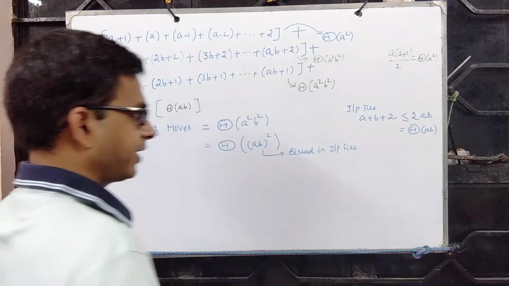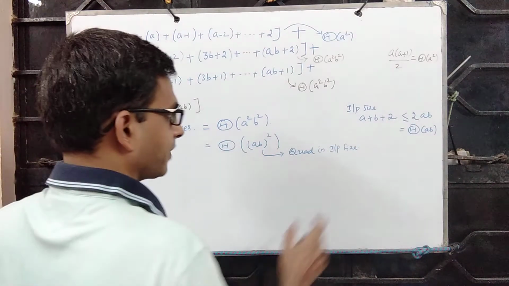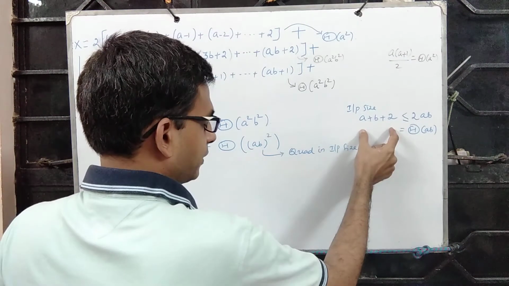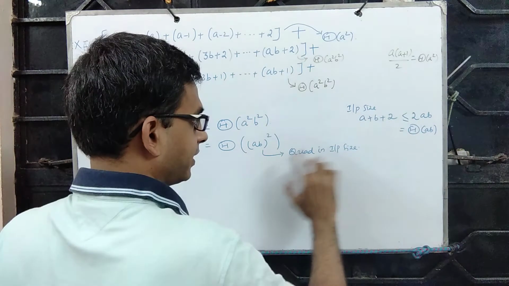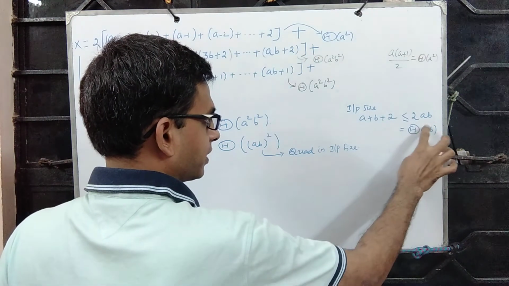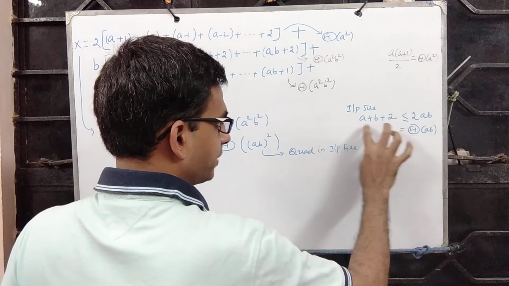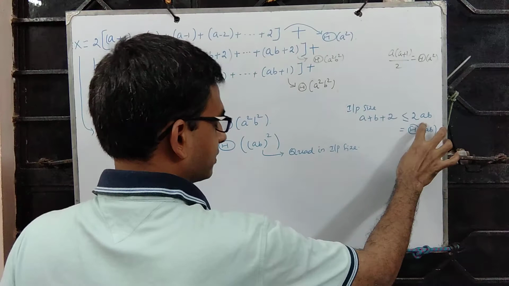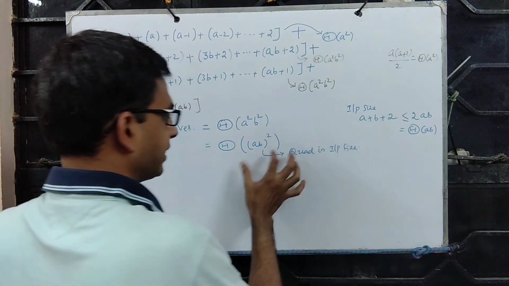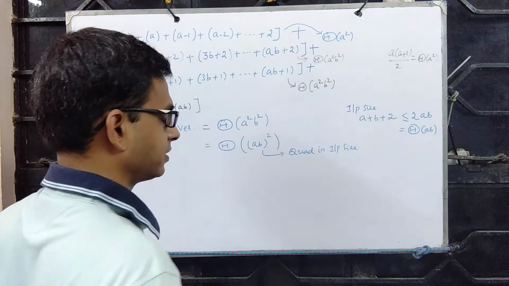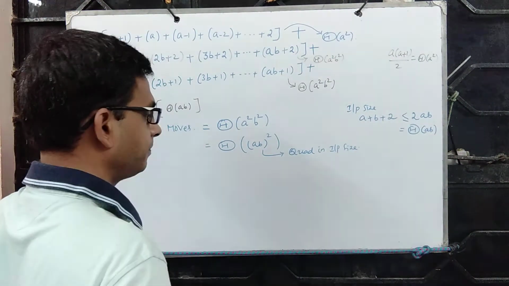So one has to be careful when we do this analysis, because what is given to us is only A plus B plus 2. For theoretical purposes, we say this is upper bounded by 2 times AB and so on. But the actual input size is only this. It is not this. We say it is upper bounded by this, due to which we say it is quadratic in input size. So this gap is something one has to understand carefully.